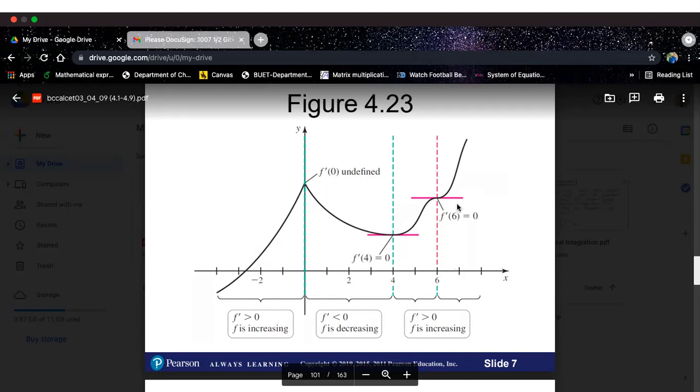So you might see a question where I'll give you a graph like this, and for certain intervals, I'll ask, from this graph, tell me what happens in the interval 0 to 4. And you will be given options like the first derivative is 0, the first derivative is undefined, the first derivative is increasing, the first derivative is decreasing. You will have 4 options like this, and you need to pick the right one just by eyeballing the graph.